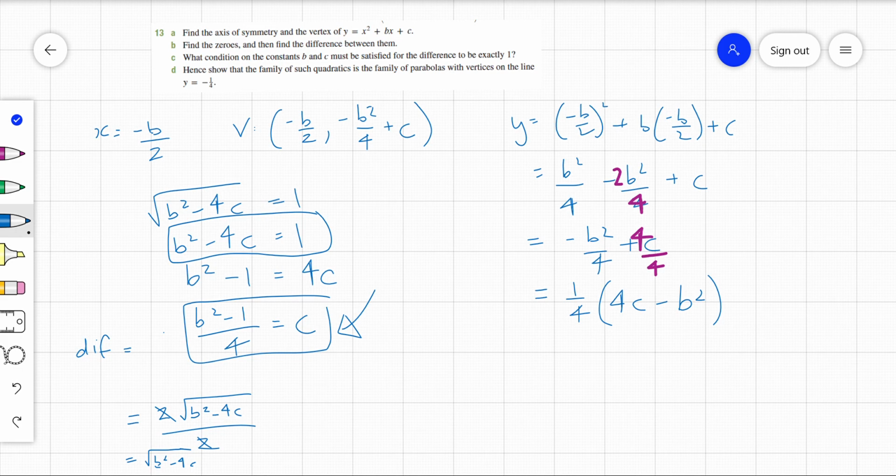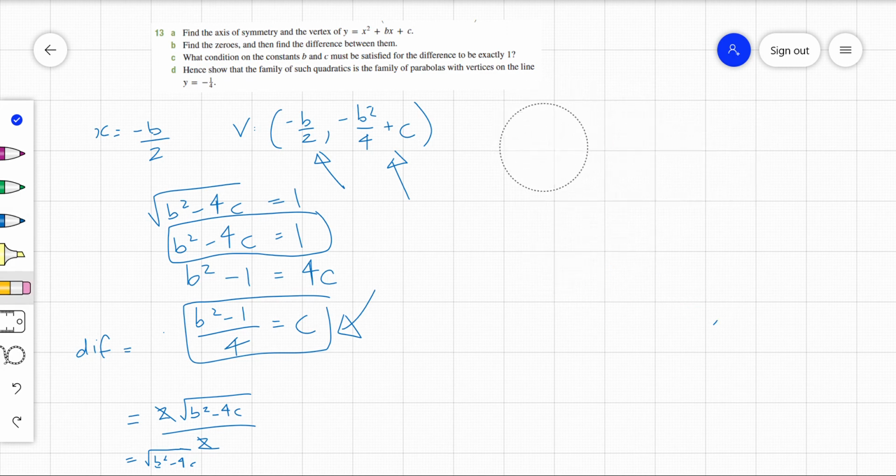Hence show. Alright, so we're interested in the vertices. So we've already got the x value, and the y value is in terms of both b and c. So I just want to get rid of that c and put the b in instead. So let's have a look at that value. We've got the y value for the vertex being minus b squared on 4 plus c.